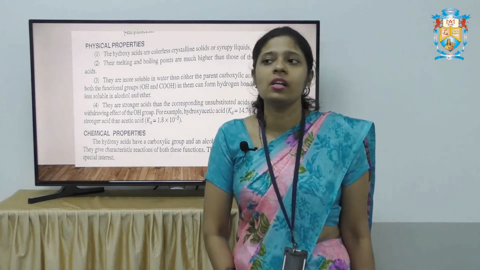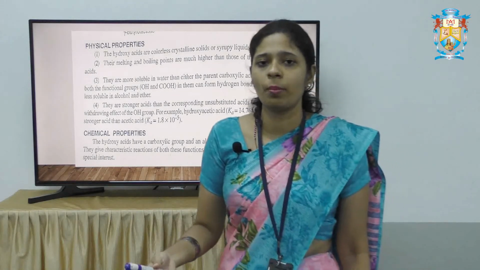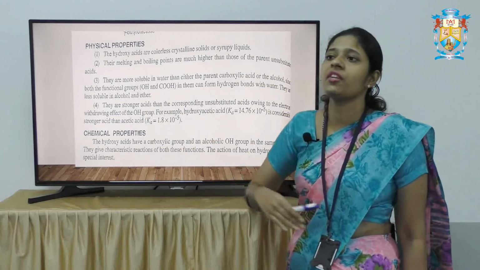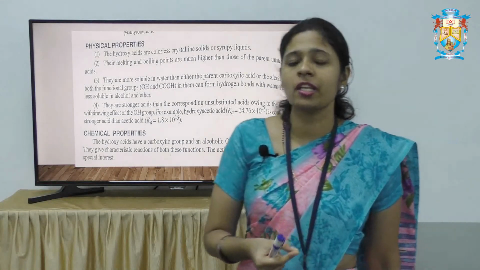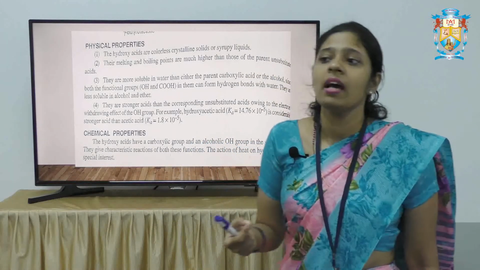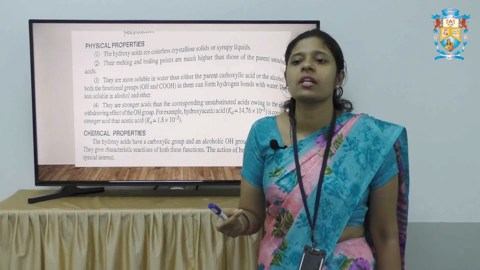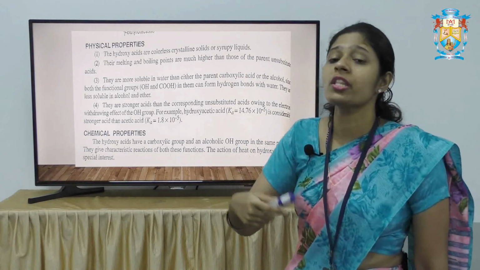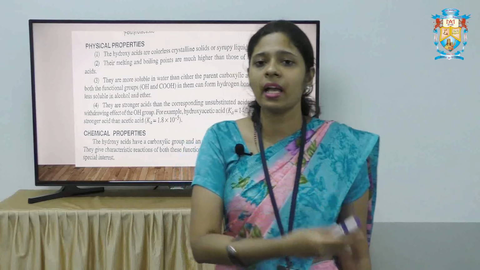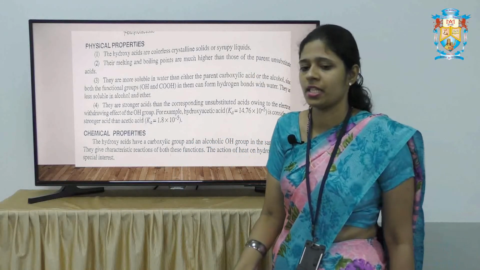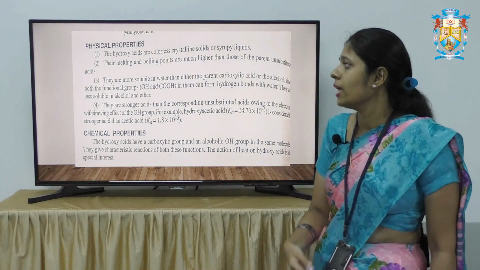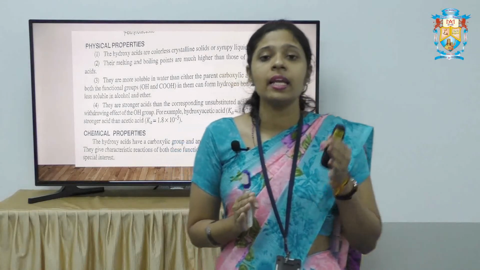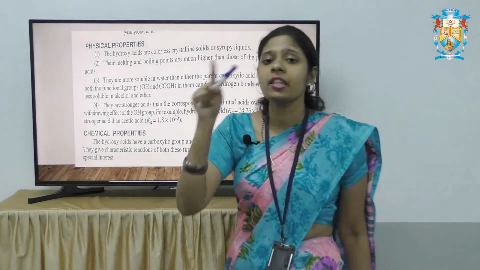Last, we learn about the physical and chemical properties of hydroxy acids. These are the physical properties in which we have hydroxy acids appearing crystalline. They are liquid molecules like syrups. Then we have the melting and boiling points, which are higher as compared to dicarboxylic and monocarboxylic acids. The third one is they are more soluble in water, because we see that in hydroxycarboxylic acid there is an OH group.